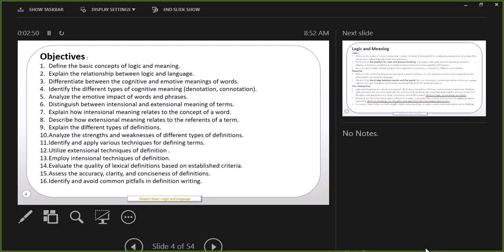Also, identify and avoid common pitfalls in definition writing, and assess the accuracy, clarity, and conciseness of definitions. At the completion of this chapter, we are supposed to attain these objectives. What's the relation between logic and language?